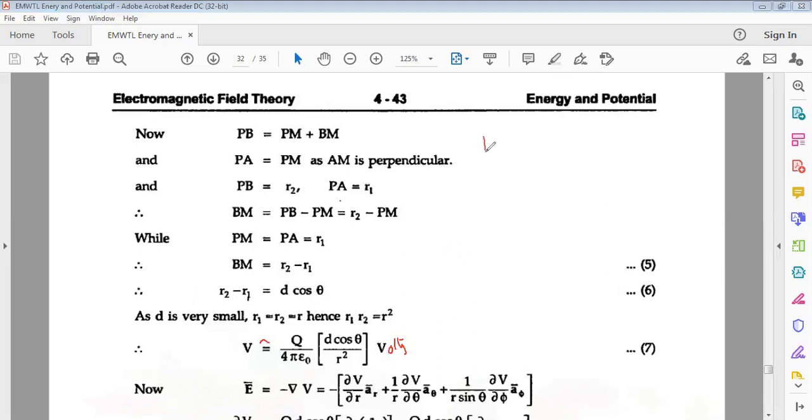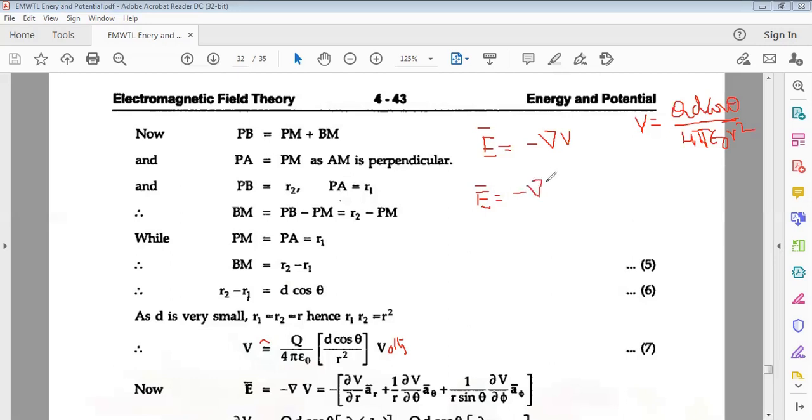Now, the gradient of V: E bar is equal to minus del V. What is V? We got V is equal to Q d cos theta by 4 pi epsilon naught R square. Substitute here, because it is a spherical coordinate system.